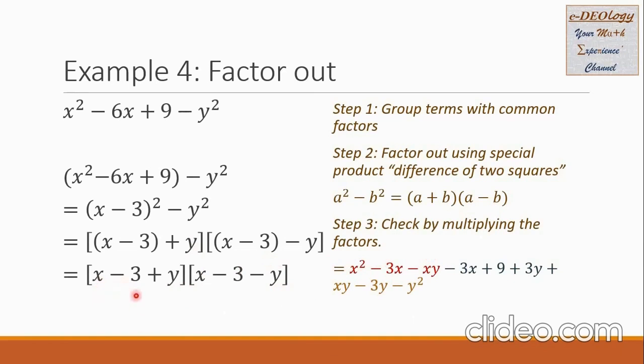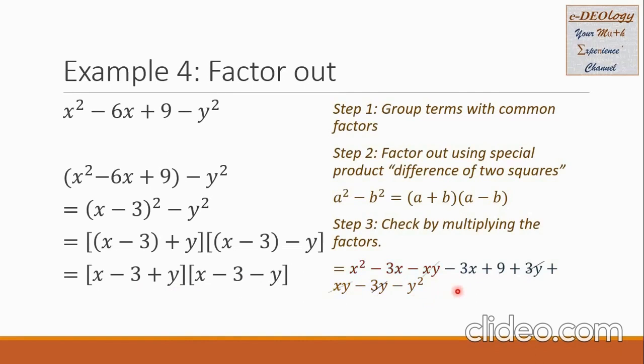Next is negative 3 times x is negative 3x, negative 3 times negative 3 is positive 9, negative 3 times negative y is positive 3y. Now for the y, times x is positive xy, then y times negative 3 equals negative 3y, and y times negative y equals negative y squared.